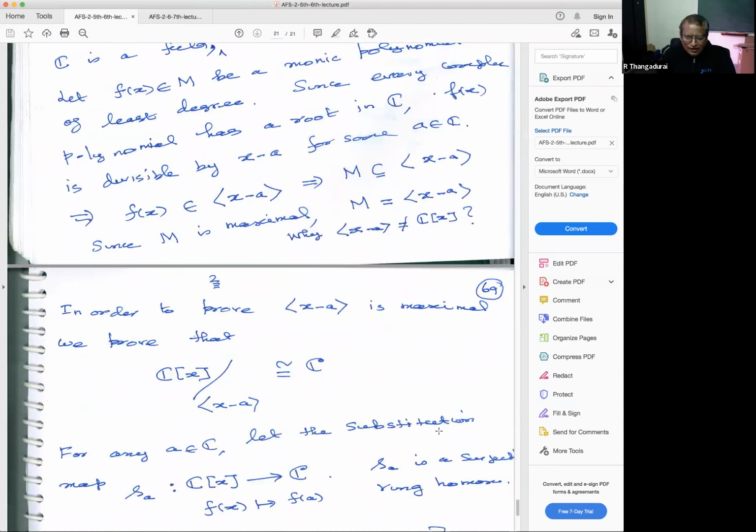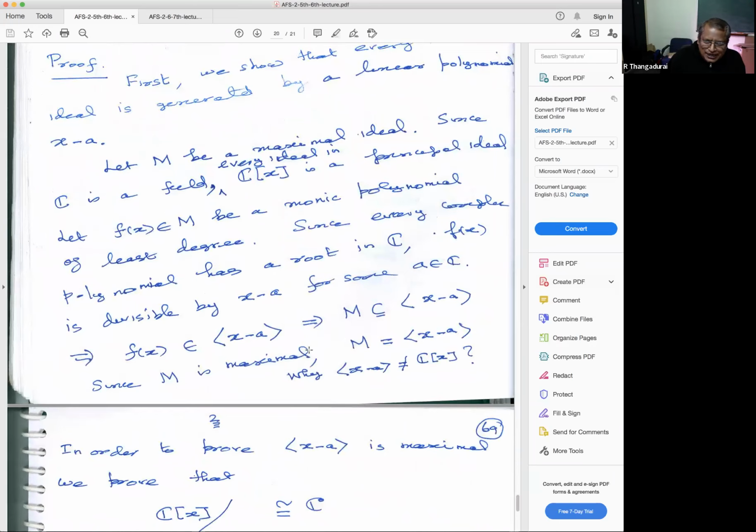We are taking any given a in the complex numbers, and we are looking at the ideal generated by x minus a, and we want to prove this is also maximal, so that this correspondence is a bijective correspondence between the set of maximal ideals and the set of points in complex numbers.